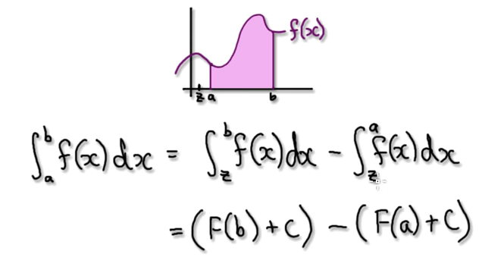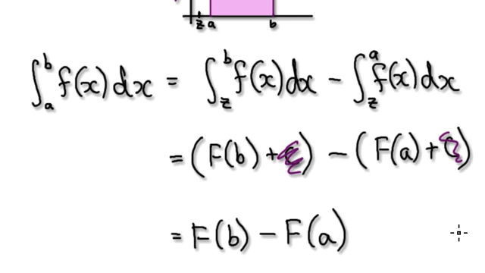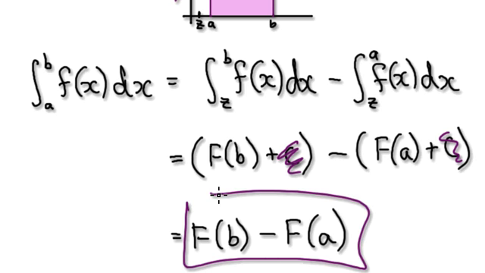From Z to A, that would be capital F of A plus that constant. When you do it this way, the two C's cancel each other out, leaving you this.